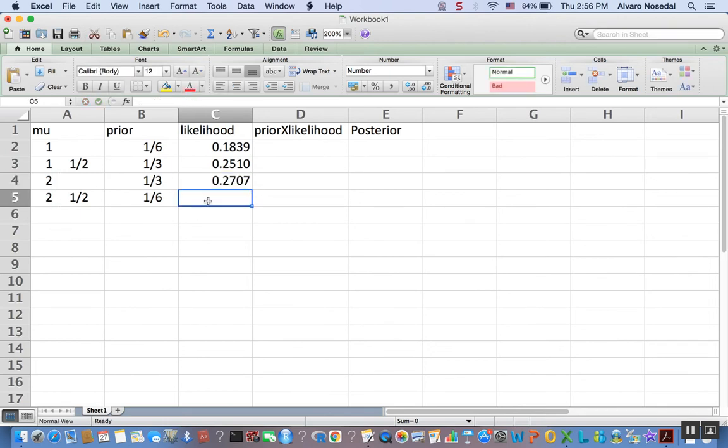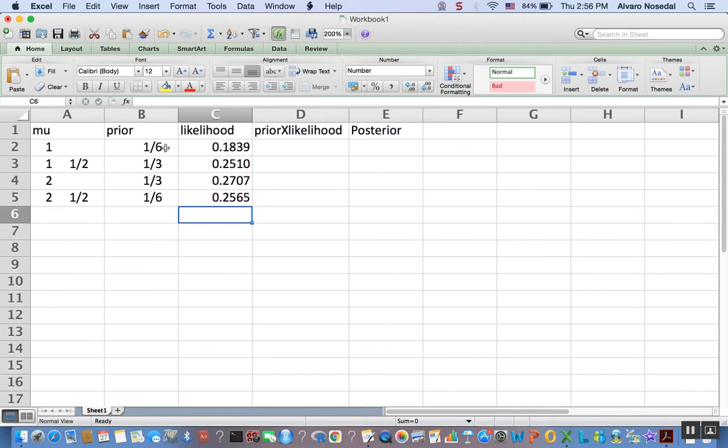And finally we are going to have 2.5, right? So we will have 2.5 squared divided by 2 times e to the negative 2.5. Make sense?